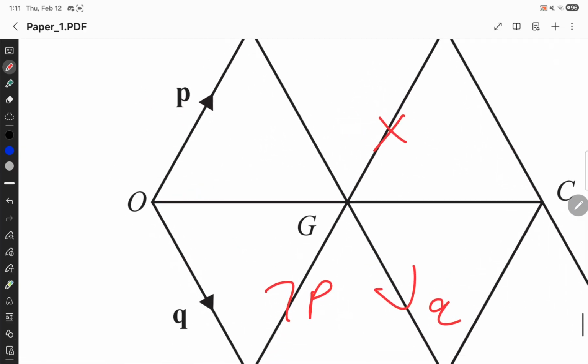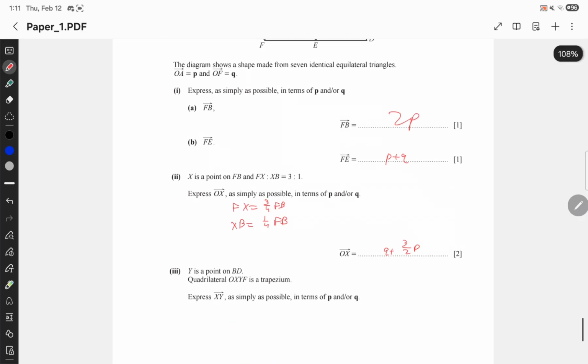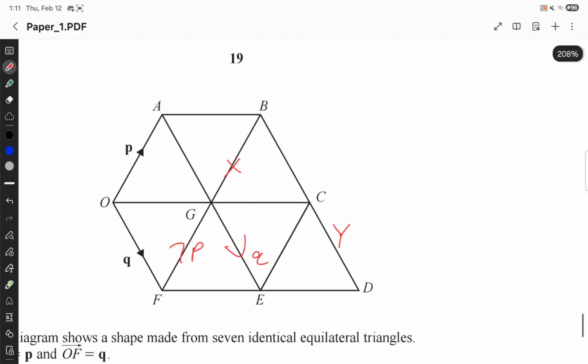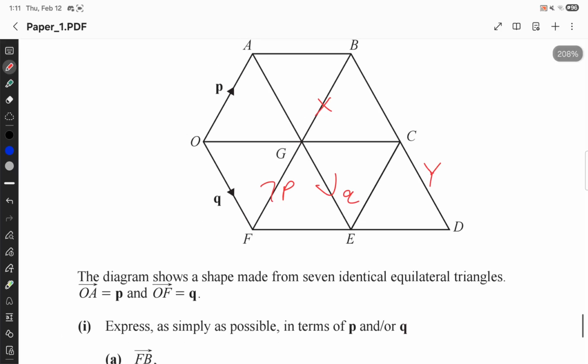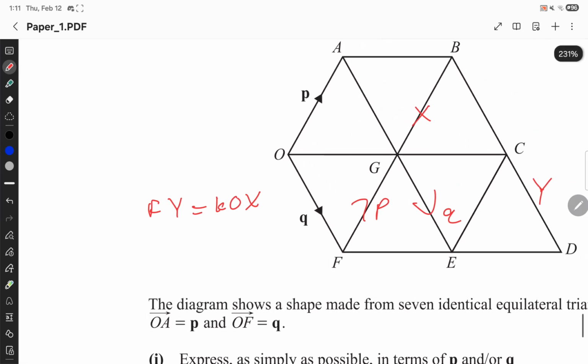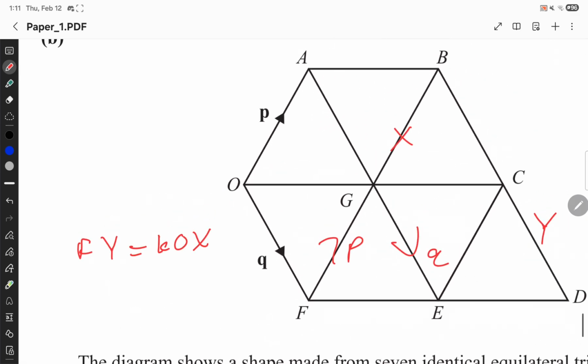We know OX is Q plus 3 over 2 P, and we know FY will be some multiplier of OX, so FY is equal to K OX. Next, the question wants us to find XY.